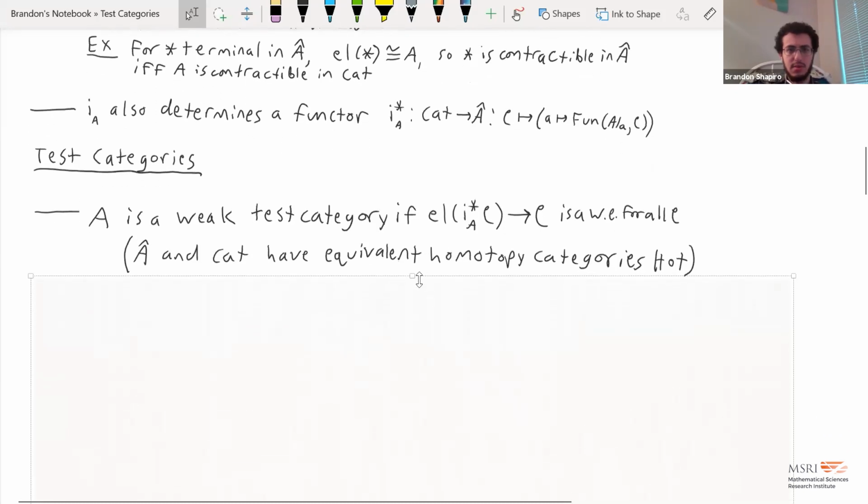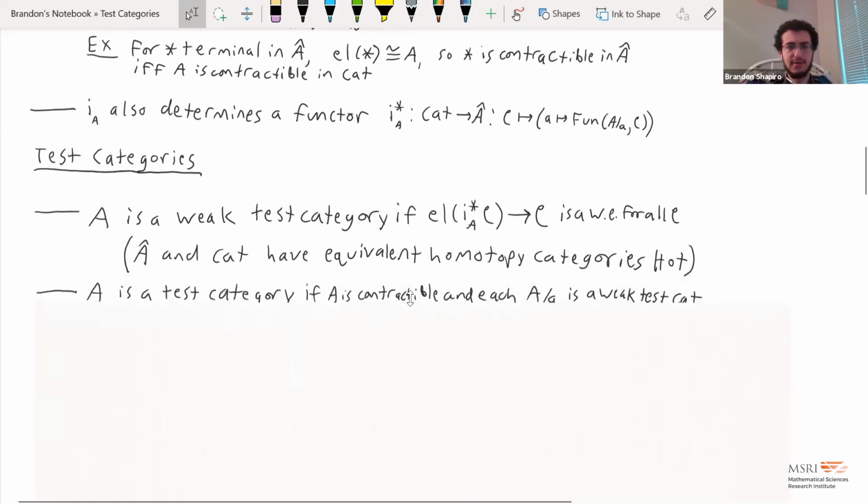So what are these other kinds of test categories? We say A is a test category if A is contractible, so the terminal A hat set is contractible in A hat, and if each over category is also a weak test category.